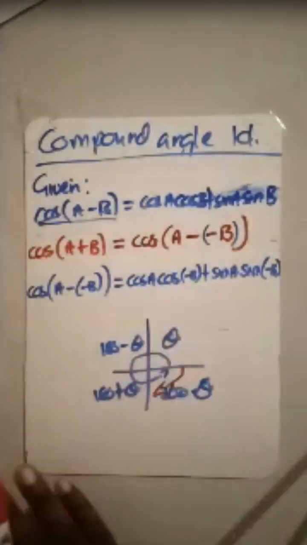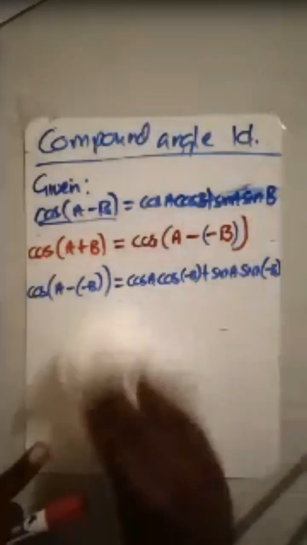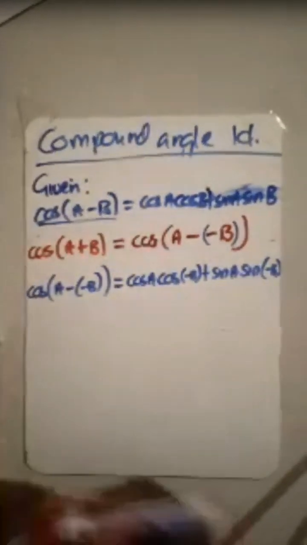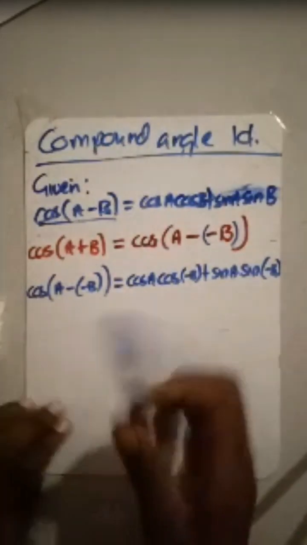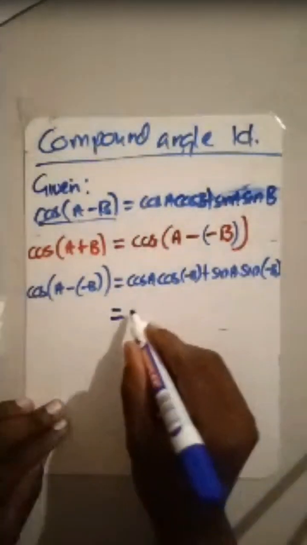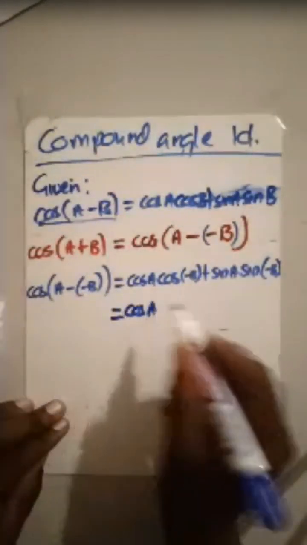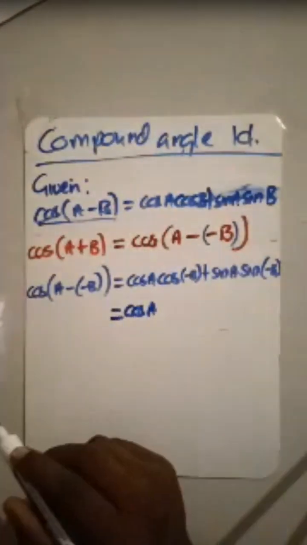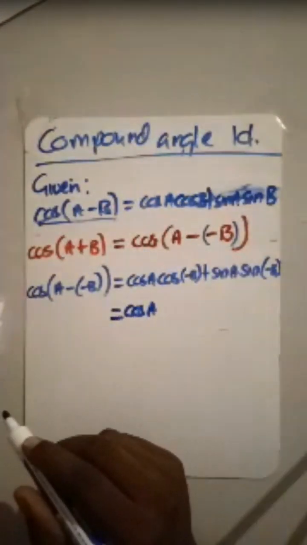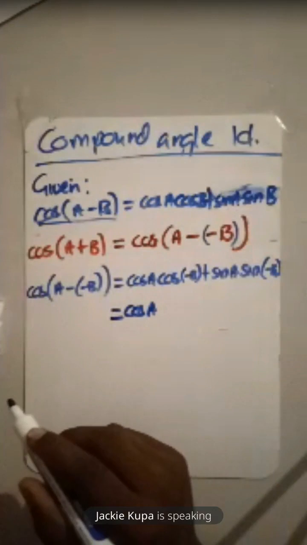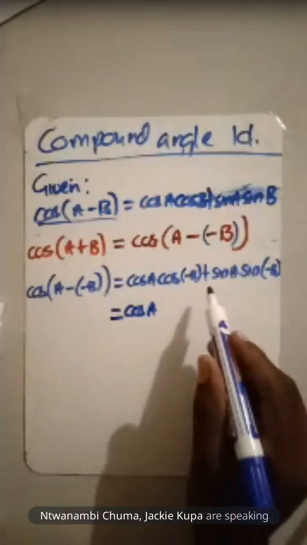So this one, now, negative B is in the fourth quadrant. So this is going to be equal to cos A. Cos in the fourth quadrant, is it positive or negative? Cos in the fourth quadrant is positive, right?